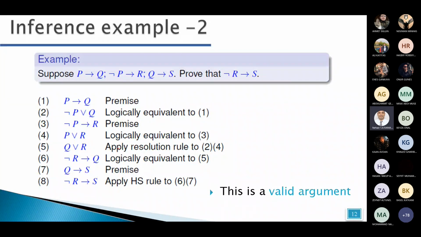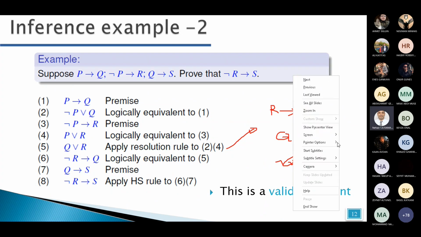Actually, we can always use the main rule to get any logical equivalence. The rule says R implies Q is equivalent to Q or not R. Also, it's equivalent to not Q or R, doesn't matter, because for an or statement you can use either form.